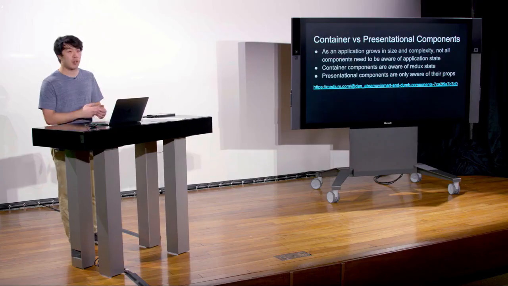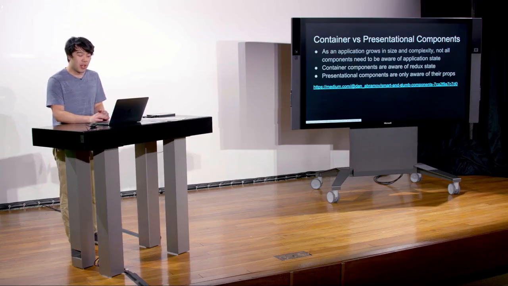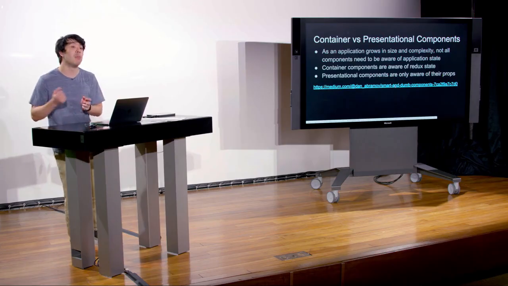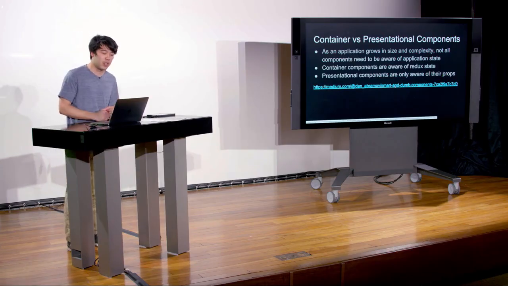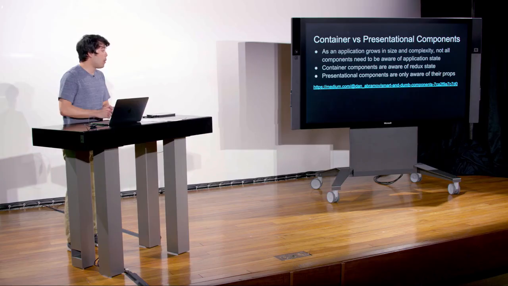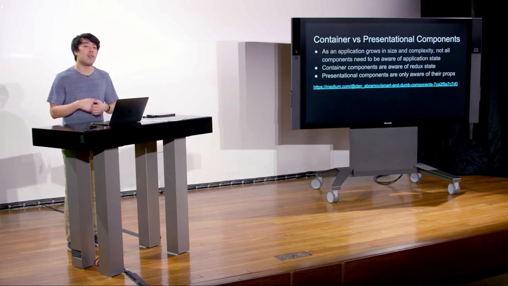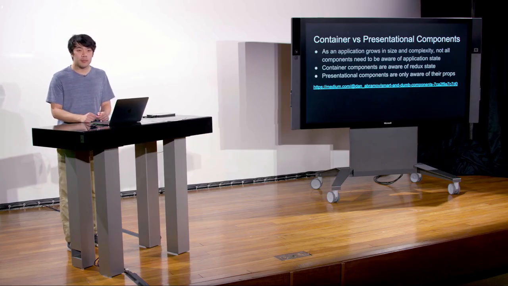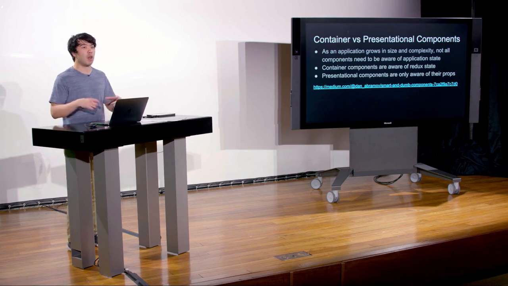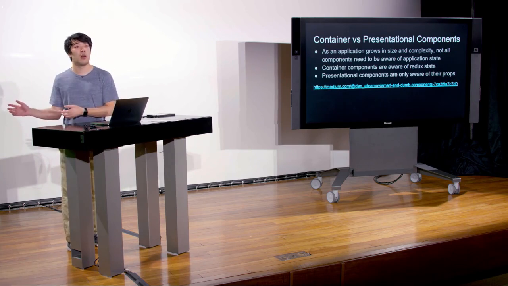And so we need to start to figure out a way to do this. And there's a great article written by Dan Abramov, the same guy who wrote Redux Thunk, also the same guy who actually created Redux. He has a great blog post on what the URL says are smart and dumb components, but what he actually ended up renaming to container and presentational. But generally, my heuristic is if I have a very, very simple component like a row in a list or something like that, that should not be aware of the application state.